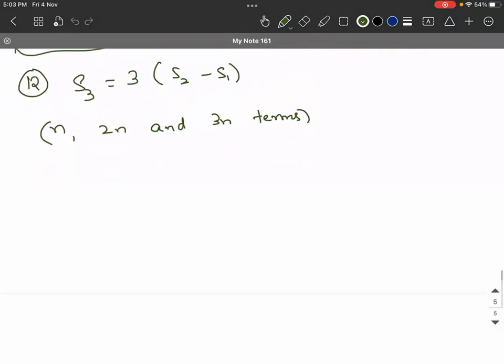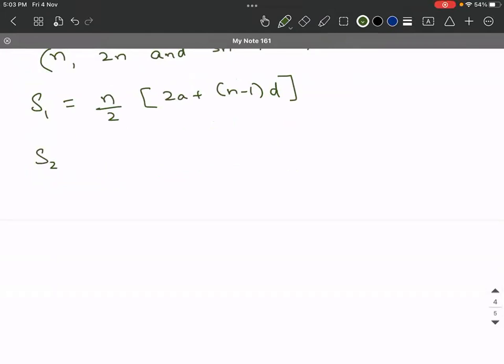So what is the formula for the sum of the first n terms? S1 will be n by 2 into (2a plus (n minus 1) into d). So what is S2 here? 2n by 2 into (2a plus (2n minus 1) into d). Is it right?